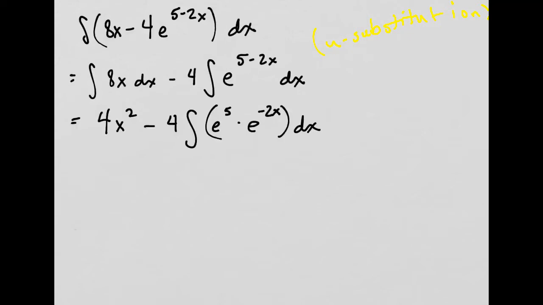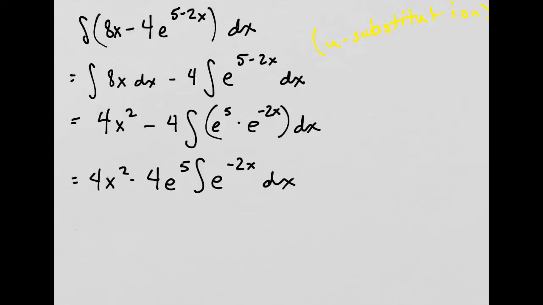What I want you to notice is that e to the 5th is a constant. It's a number raised to a power, which means that this is a number, so we can pull that out. So this is 4x squared minus 4e to the 5th times the integral of e to the negative 2x dx.